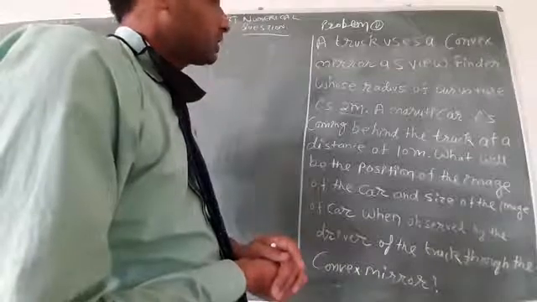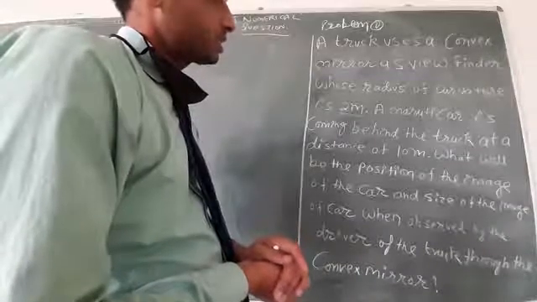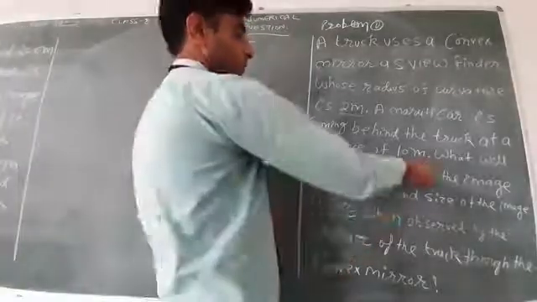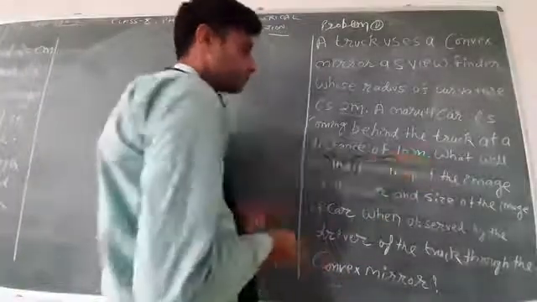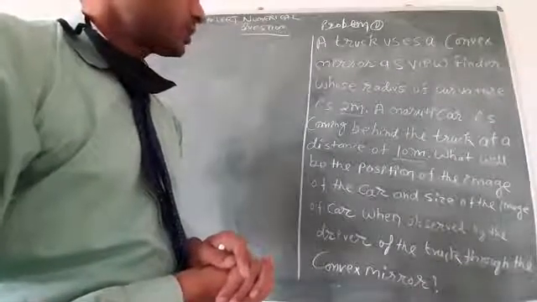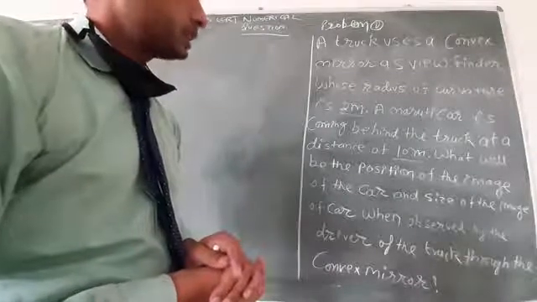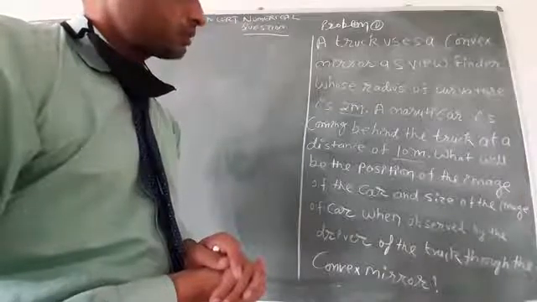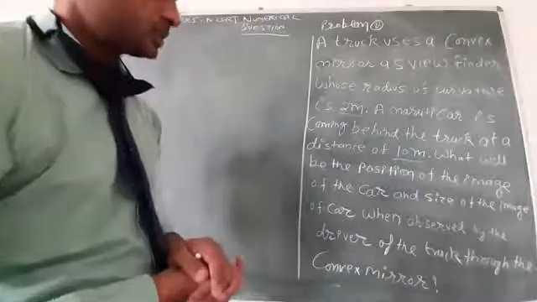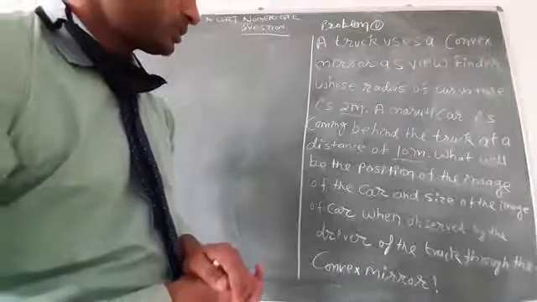A Maruti car is coming behind the truck at a distance of 10 meters. What will be the position of the image of the car and the size of the image of the car when observed by the driver of the truck through the convex mirror?